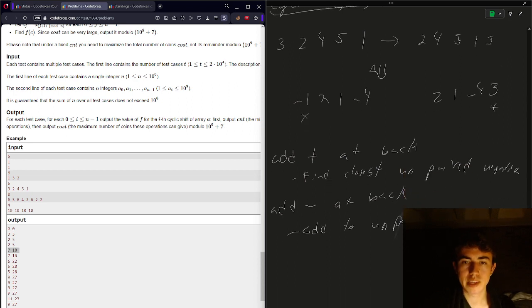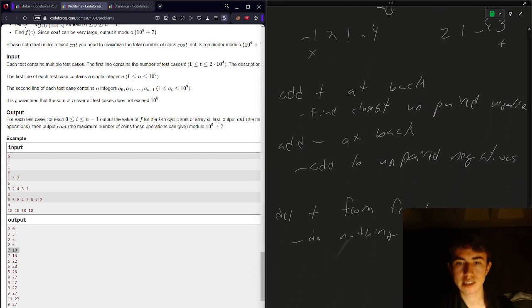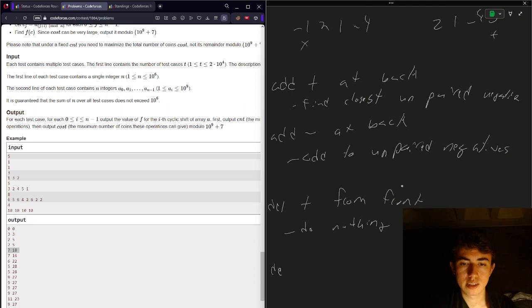The problem is, oh yeah, delete plus from front, do nothing. Now the main problem is deleting a subtract from front.